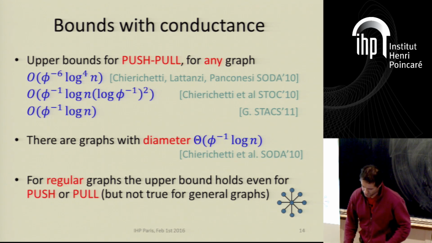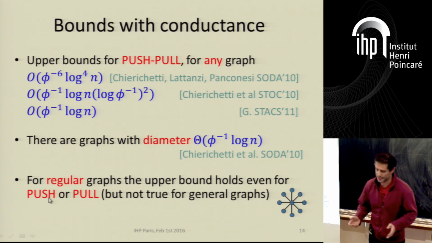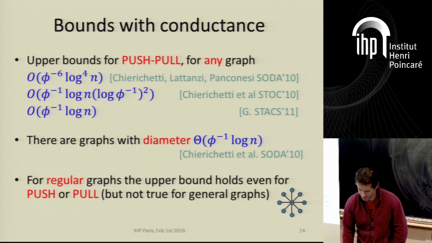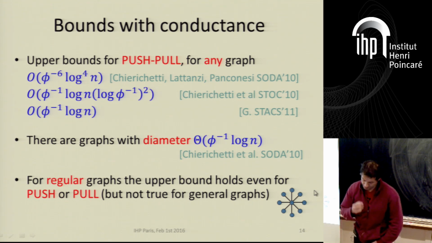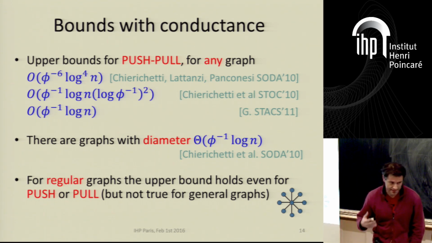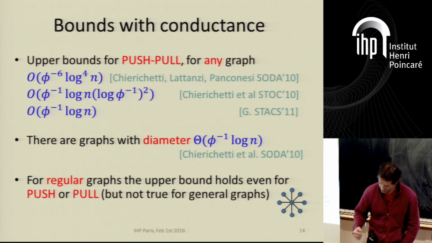For the case of regular graphs, to obtain this bound, it suffices to use the weaker push-only or pull-only protocols. But note that this is not true for general graphs. Here is a counterexample for why push alone doesn't always spread the rumor in time log n over phi. Remember, we said that the star has a perfect conductance, 1.